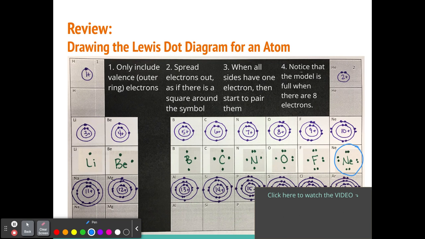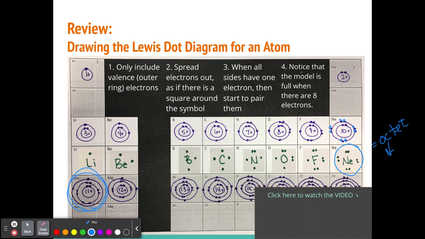The next electron that's added will kick us into the 3rd energy level. So neon has what we call an octet. It means its outermost electron ring is full with 8 electrons. That's what we call a completed octet.